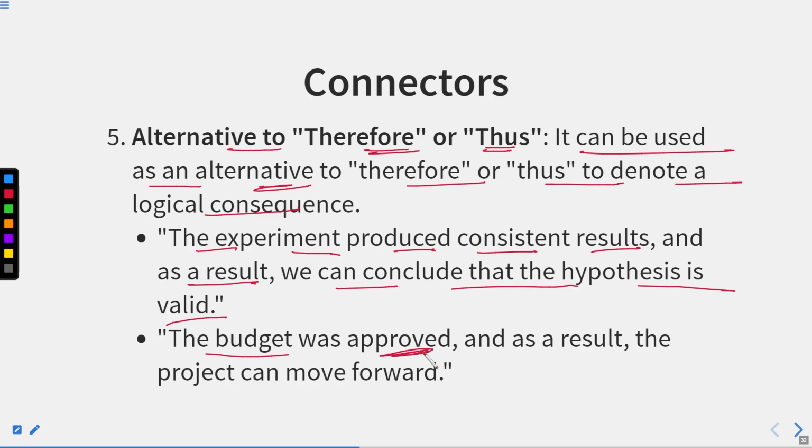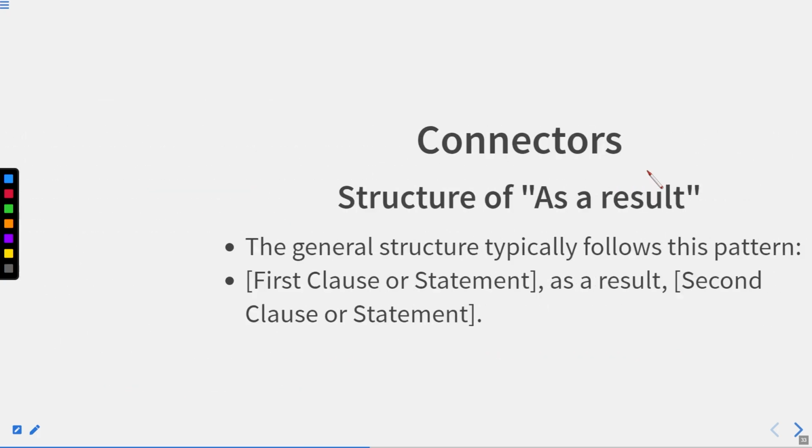The budget was approved, and as a result, the project can move forward. Now, if the budget is approved, it is very logical that the project can move forward. So, as a result shows that now they can move forward with their project, because the budget was approved.